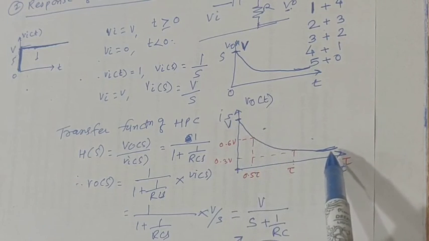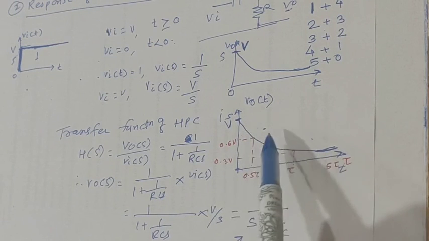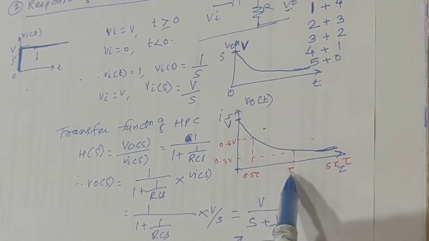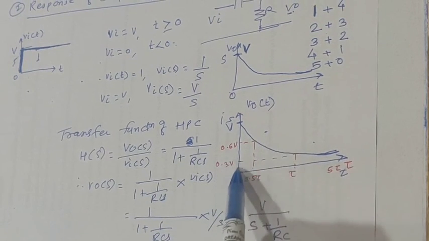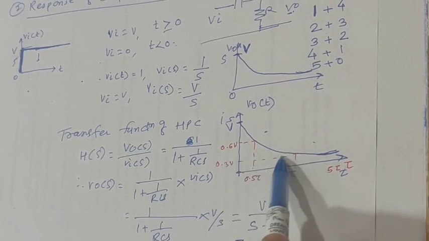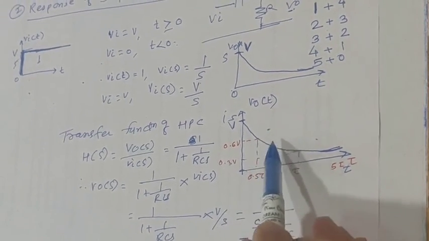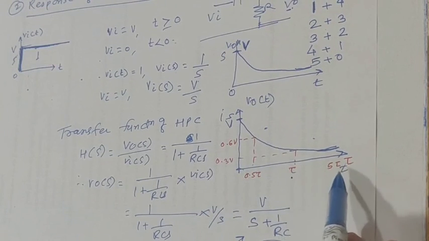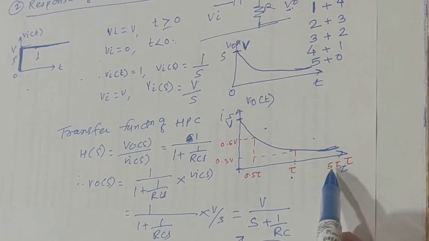The time of charging of the capacitor depends on the time constant. So at tau equal to 1, the output will decay to 30%, meaning 70% decay will occur. And for 5 tau you will get 90% of the decay occurred.